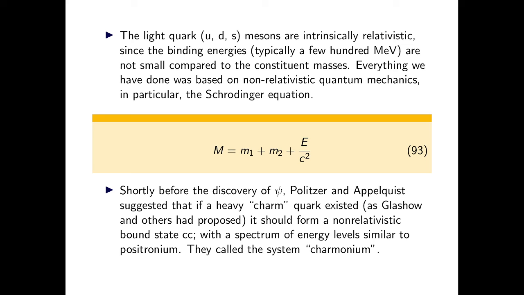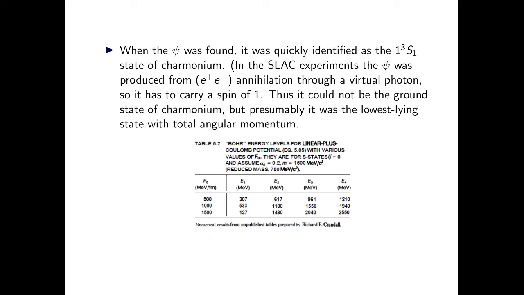Next slide, please. Much after psi was found, it was discovered that the 1 cube S1 state, basically the same formula we used for positronium, was the state of charmonium, and we could derive it further using the same formula. This lowest level state is not exactly the ground state.